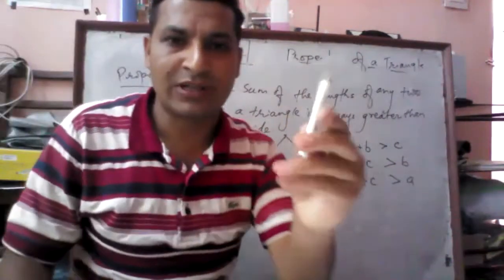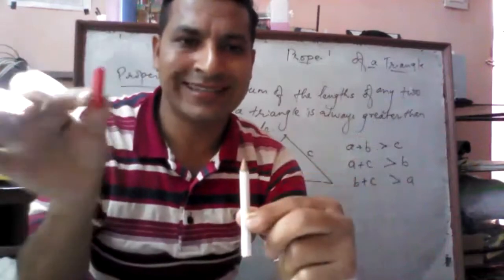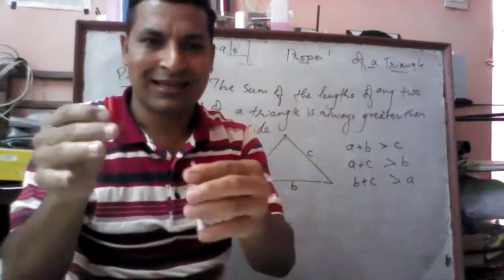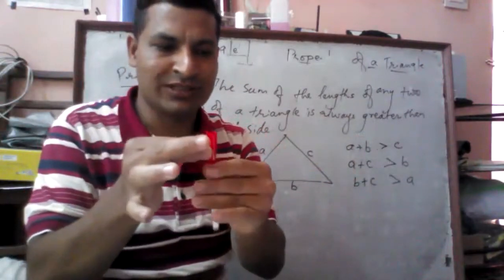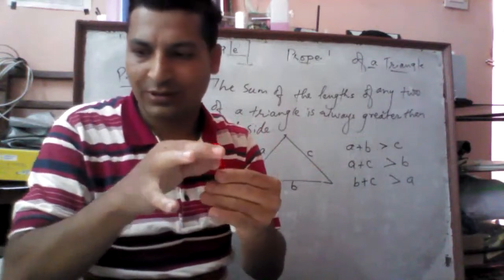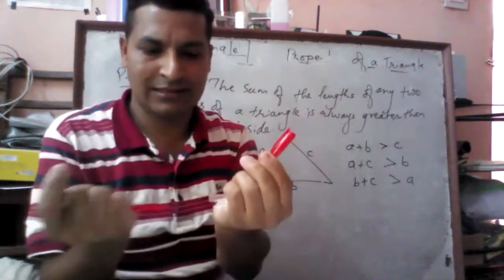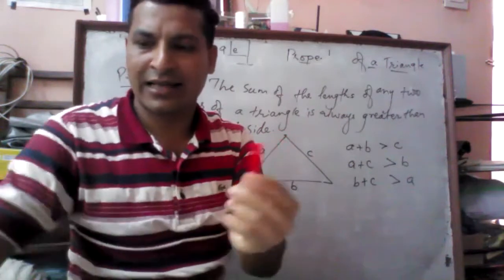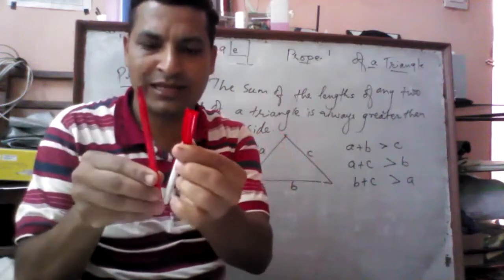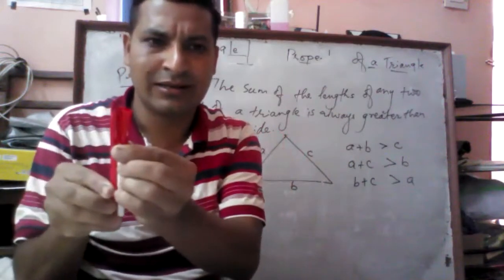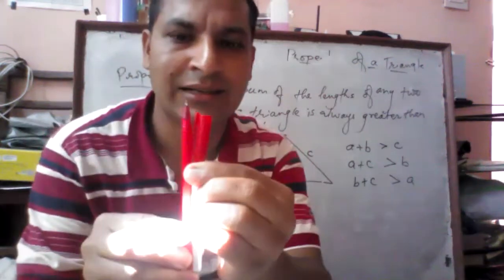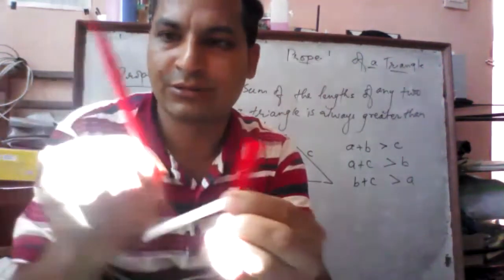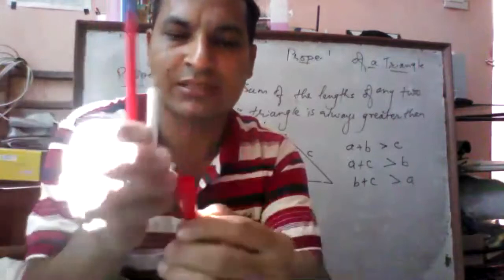Suppose this is 1 stick and this is another stick, and while joining these 2 sticks, it is not greater than this third stick. We can see here a little bit different. This single one is longer.